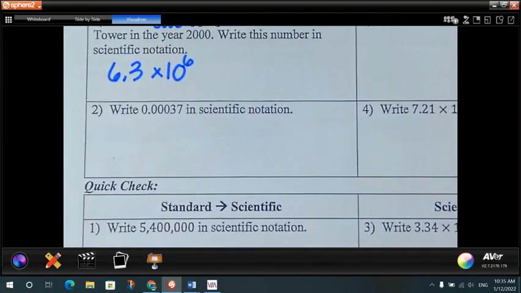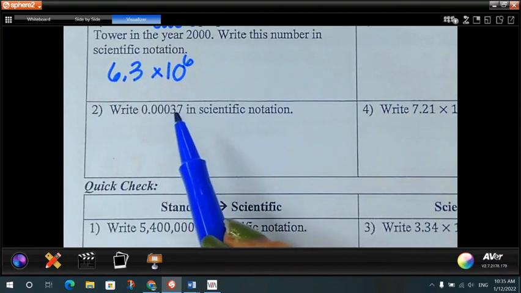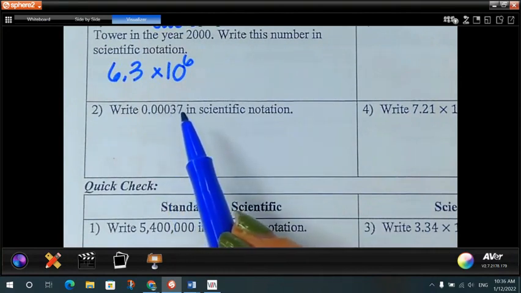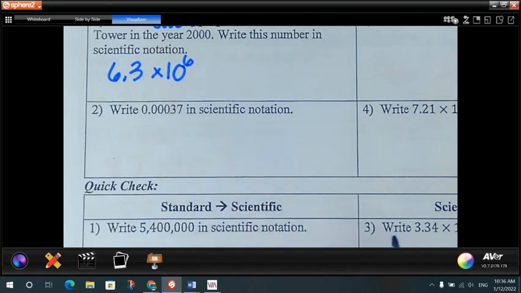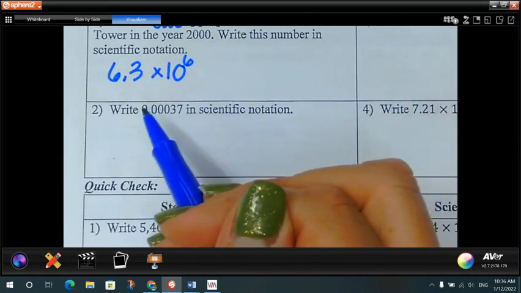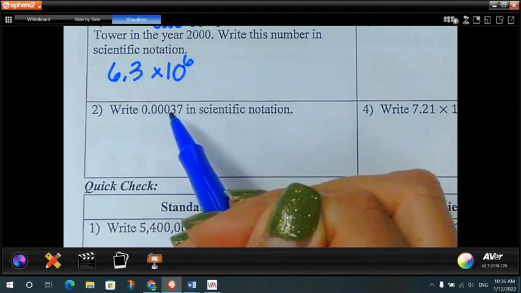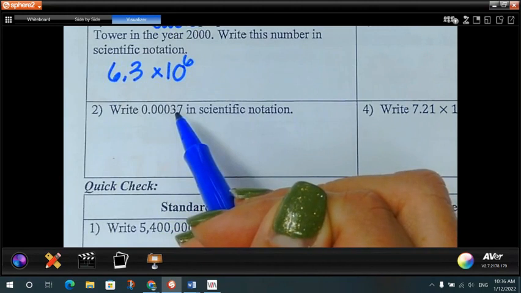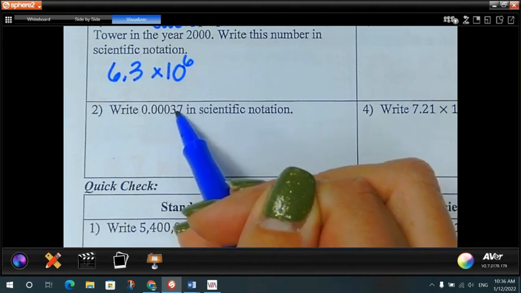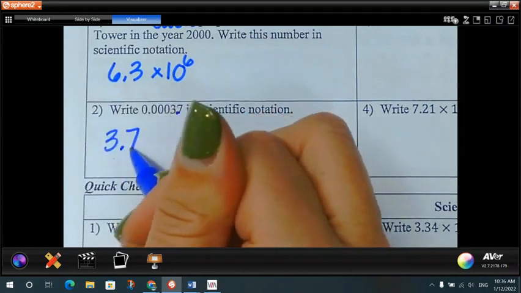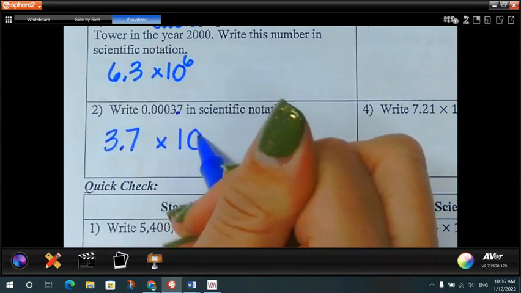Okay, here is a very tiny number. This we would say is 37, let's see, that would be 3,700 thousandths. Okay, a very tiny number. So again, start with where your decimal point is. Move into the problem until you get a number between 1 and 10. That would be right here between the 3 and the 7. 3.7 times 10.